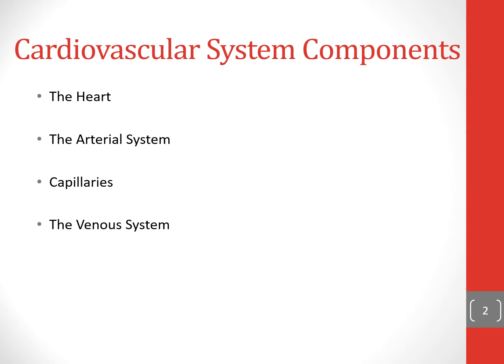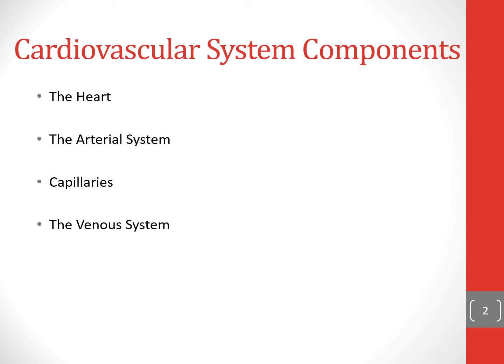So what are the components of the cardiovascular system? Again, some of these first few slides will be a review for most of you, but the heart serves as the pump for the system. The arterial side is going to allow us to carry blood away from the heart towards the organs and active tissue.